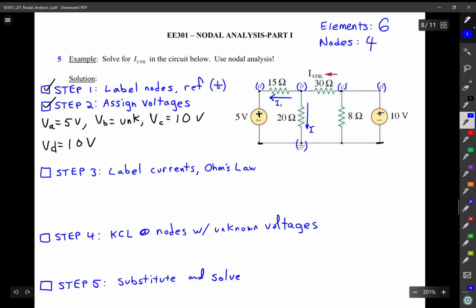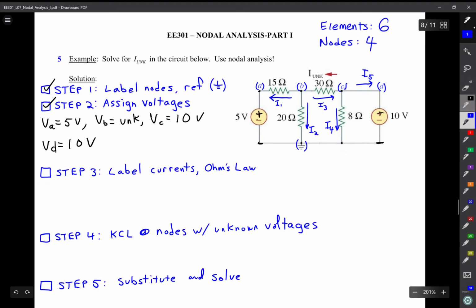I3 I'll show in this direction from B to C. I4 is through the 8 ohm resistor, and then finally I5 is going through that path from C to D down to ground. That's I5.